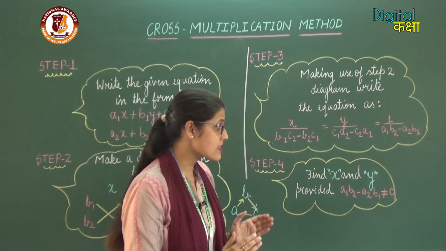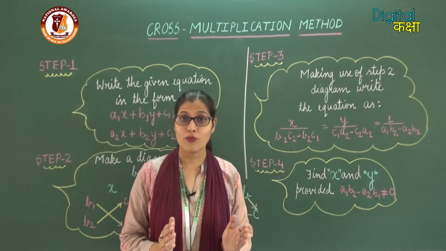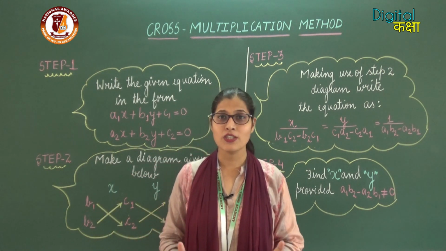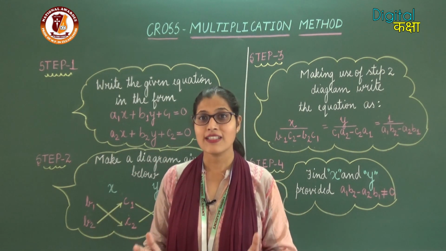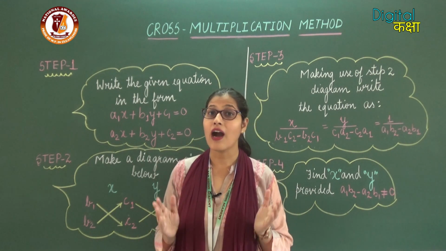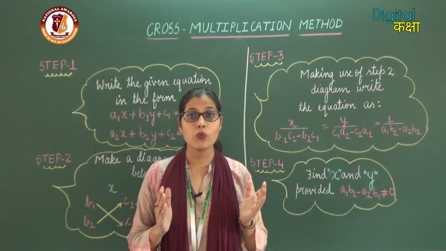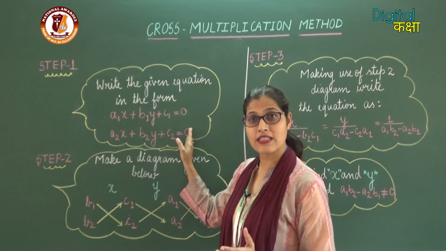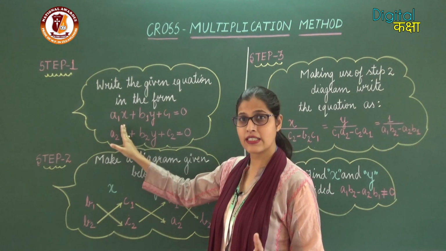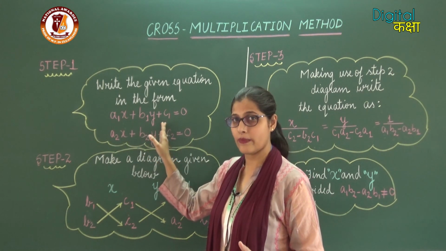But in the last step, don't forget why we are doing all this. We are doing all the steps to get the solution. That means that we need to find the value of unknown variables. So, which are the unknown variables in the standard form? The unknown variables are the variable x and the variable y.